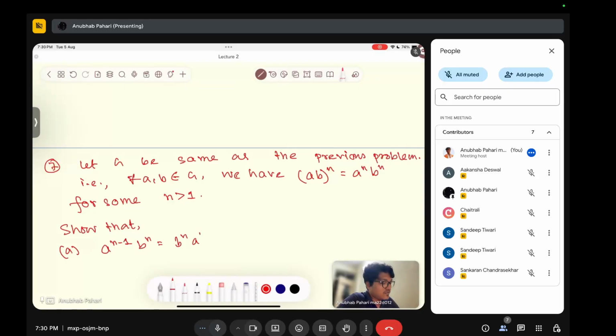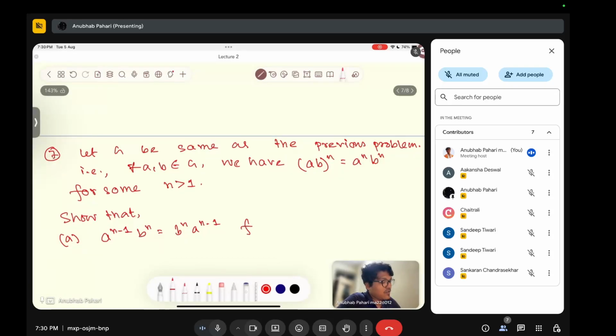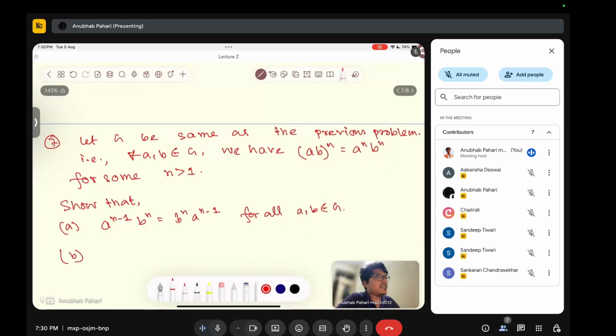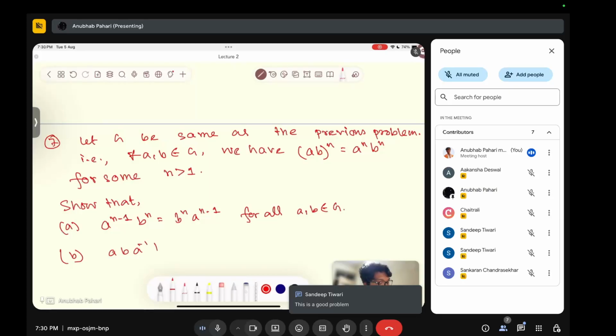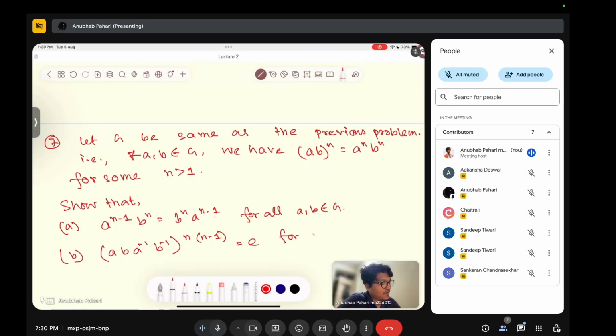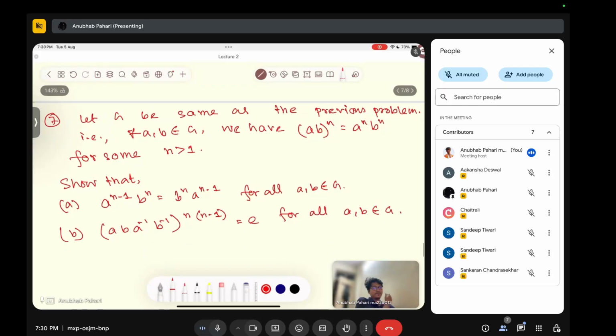The first part is for all a, b belonging to G, and the second part is (aba inverse b inverse)^(n(n-1)) equals e for all a, b belonging to G. Maybe you can try with some cancellation and with all those things we have done.